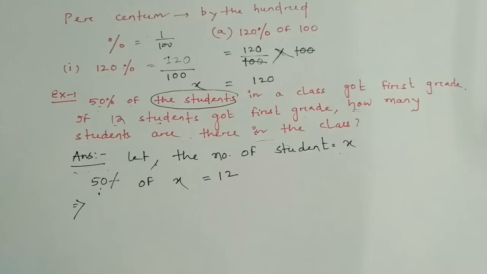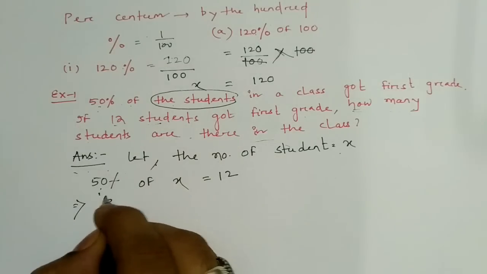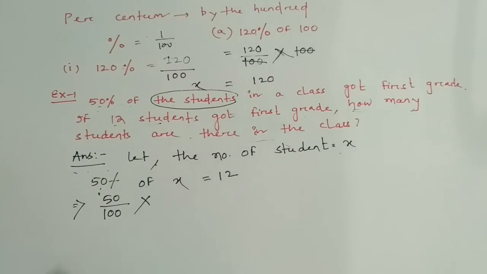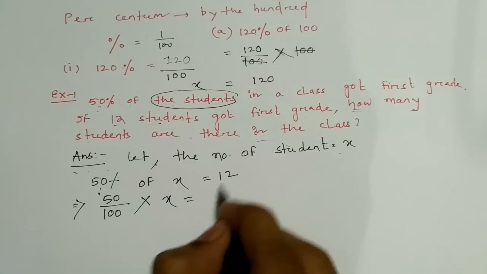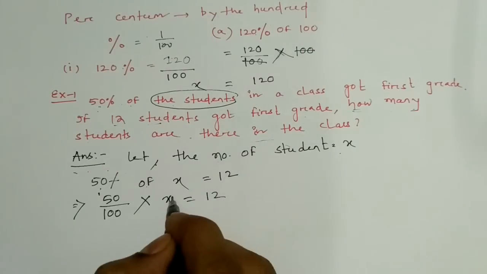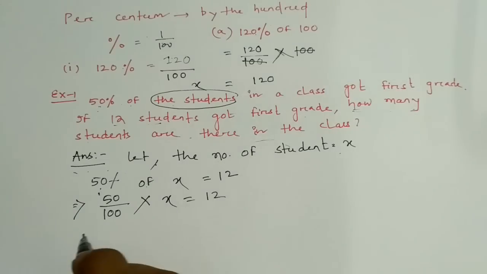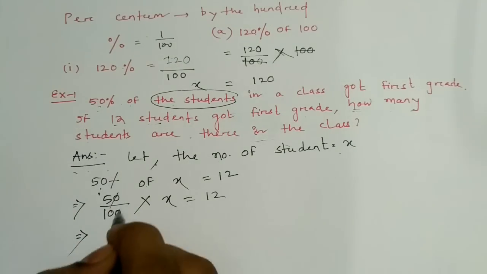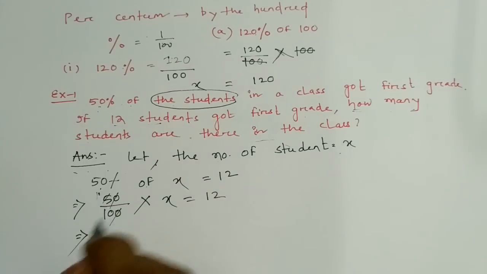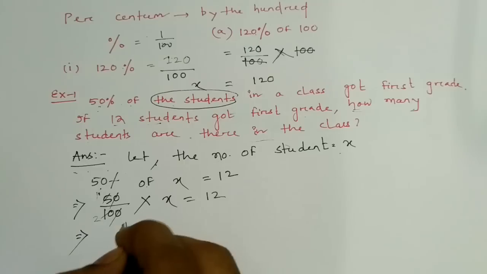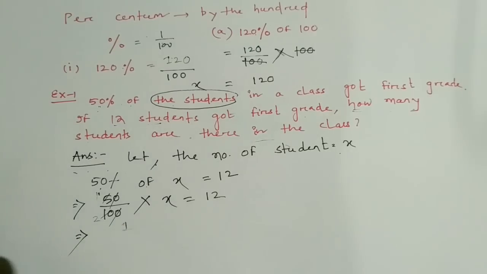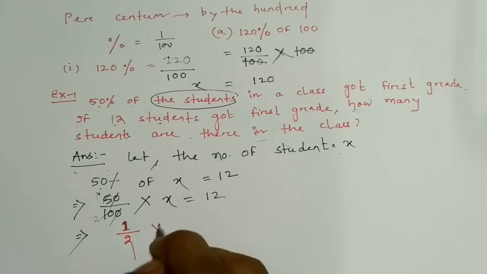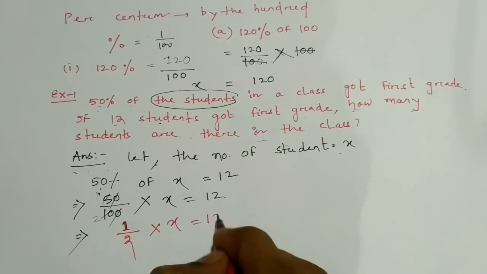So 50% means 50 divided by 100, of means multiplication, X means X, 12 means 12. We have to find the value of X. Let it be cancelled first. So 10 and 10 got cancelled. 5 1s are 5, 5 2s are 10. So it will be 1 divided by 2 multiplied with X is equal to 12.